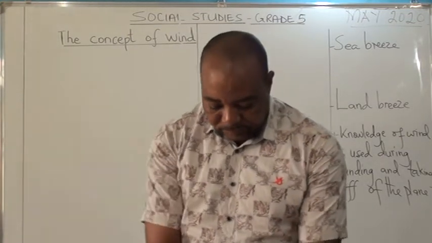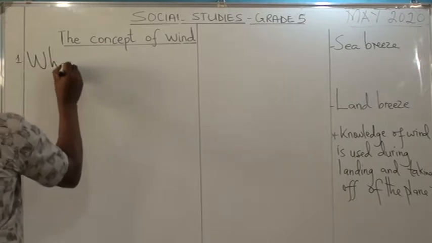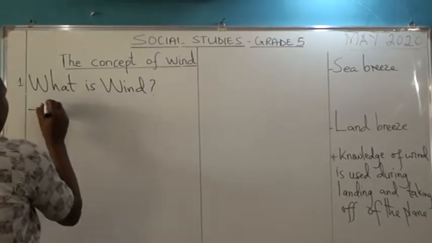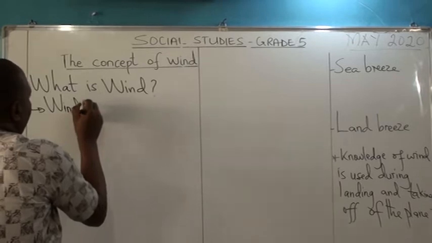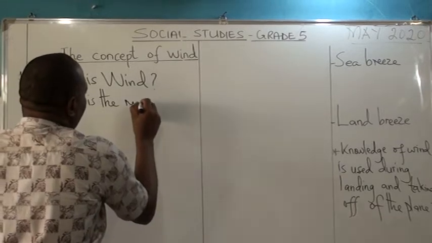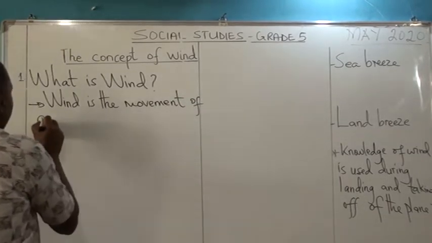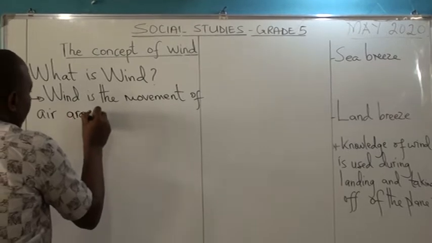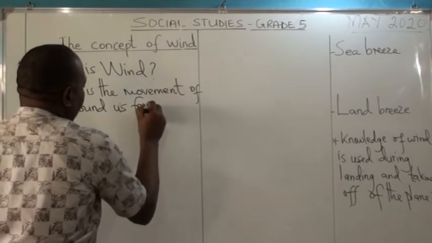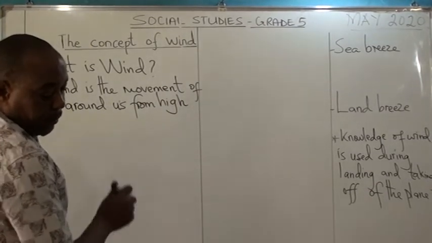Let me write on the board. What is wind? Movement of air around us from high pressure to low pressure.